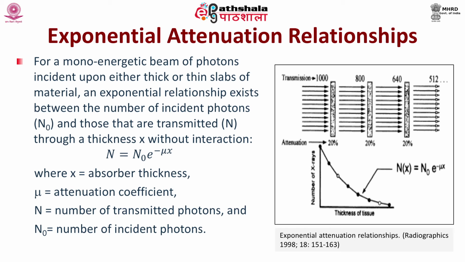The formula for the exponential relationship is given on the screen. Here n is the number of transmitted photons, n0 is the number of incident photons, mu is the linear attenuation coefficient, and x is the thickness of the traversed material. The concept of exponential attenuation is shown in the adjoining figure.